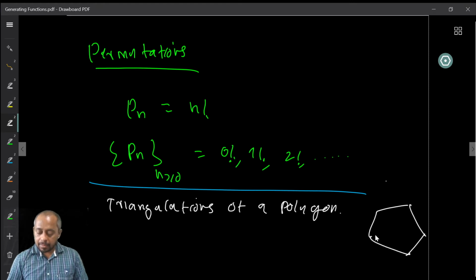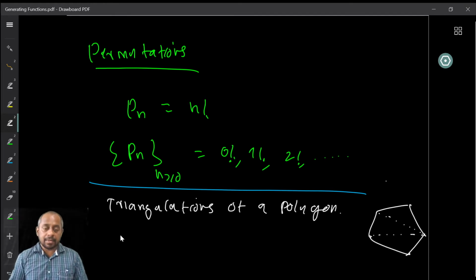Then you can triangulate in several ways. You can do it this way or this way. So how many such triangulations are possible once you are given a fixed polygon? Let us denote by the size of the triangulation the number of triangles in it. The size of a triangulation is the number of triangles in it.